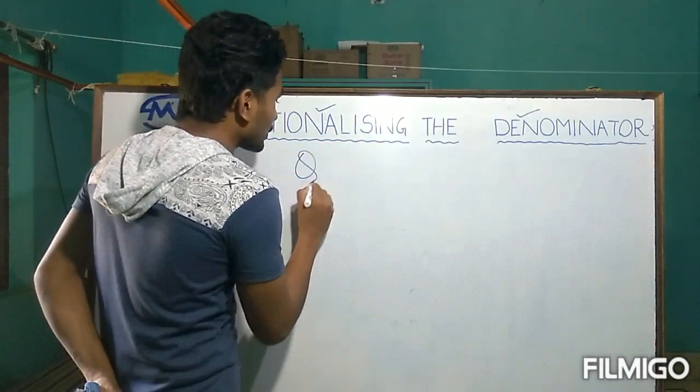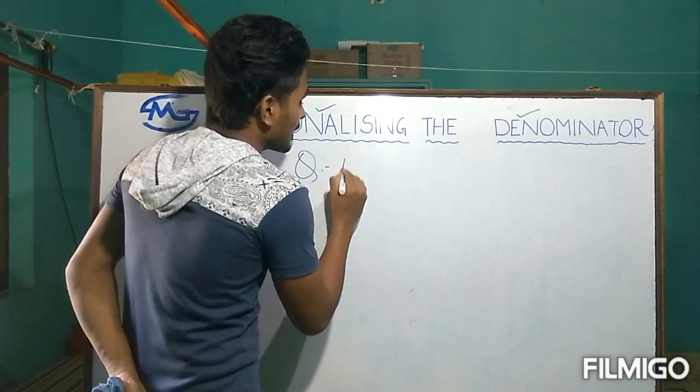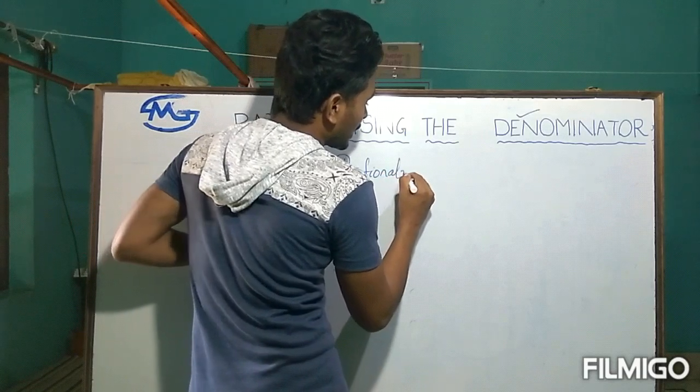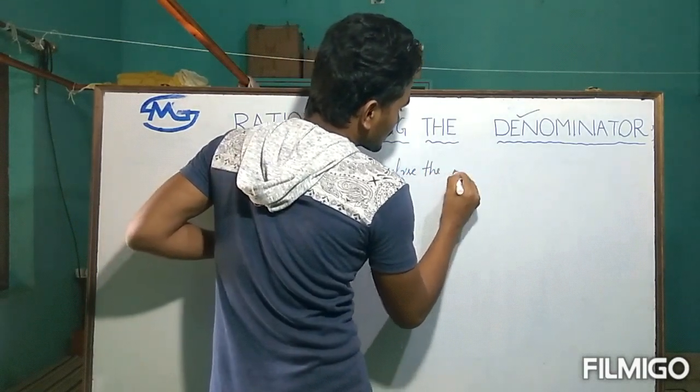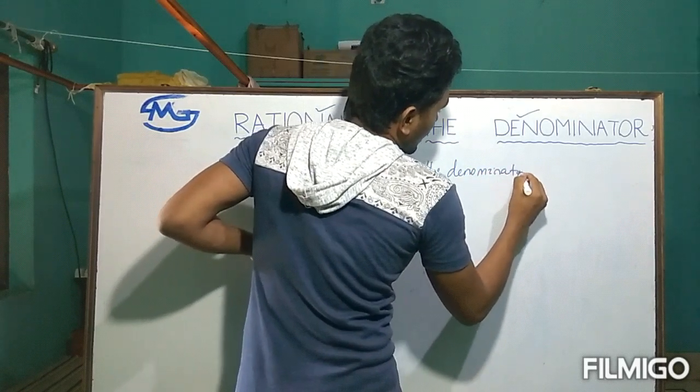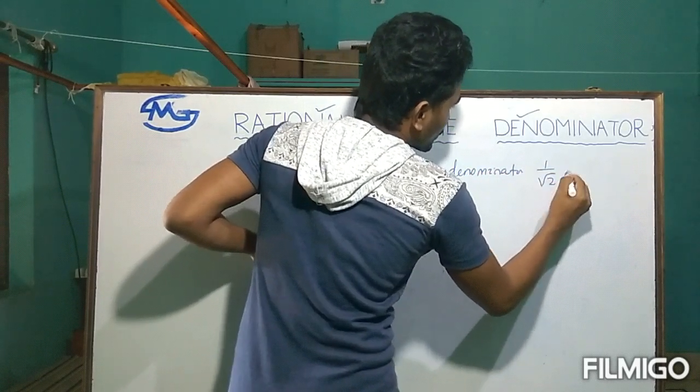Suppose we have the example: rationalize the denominator of 1 by root 2.